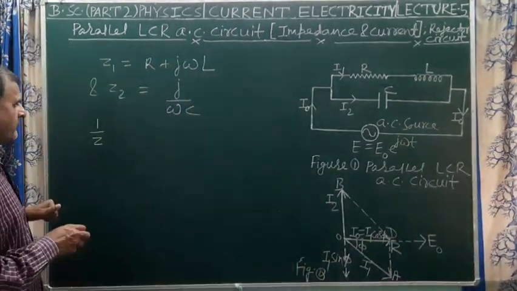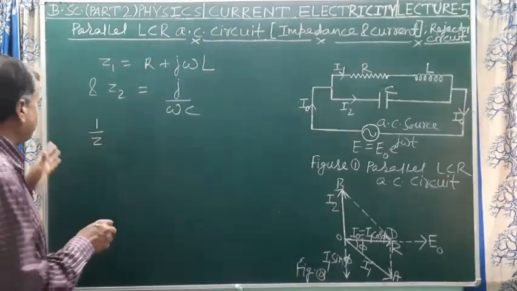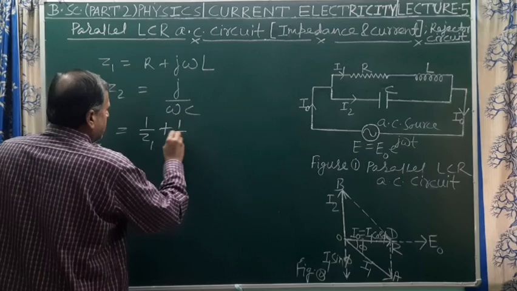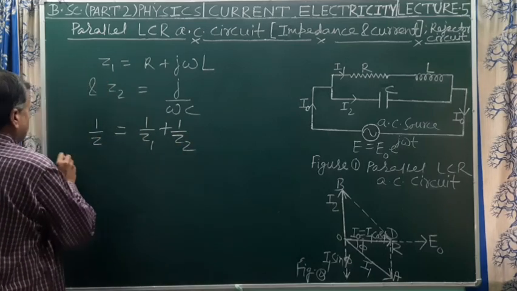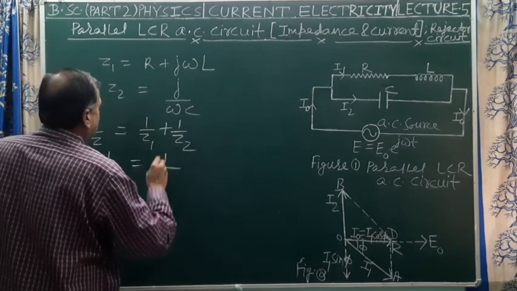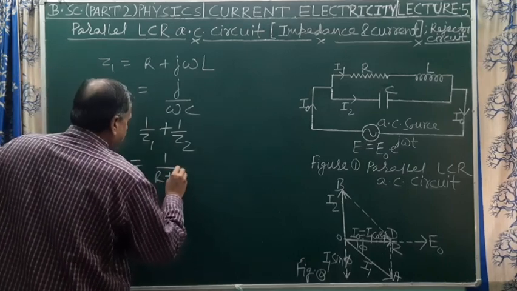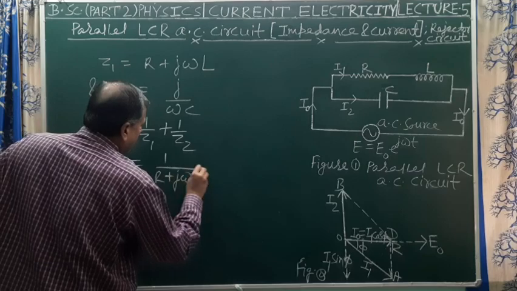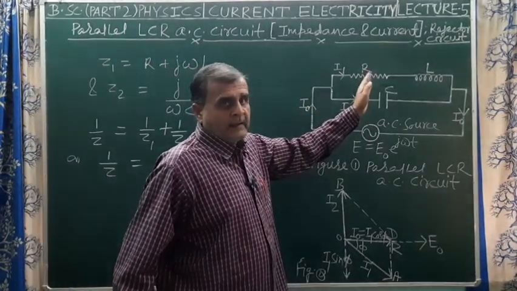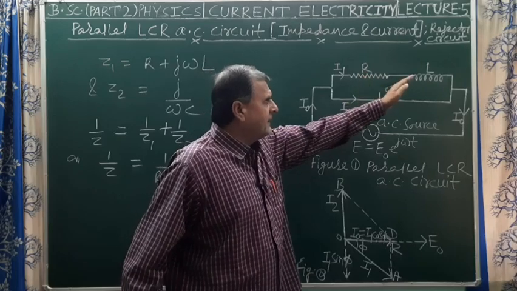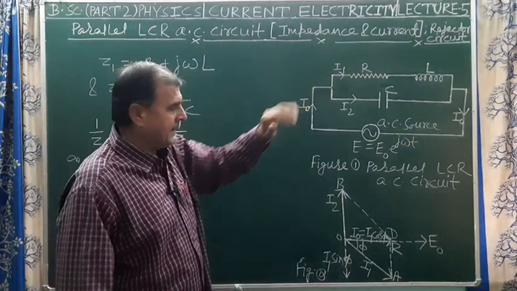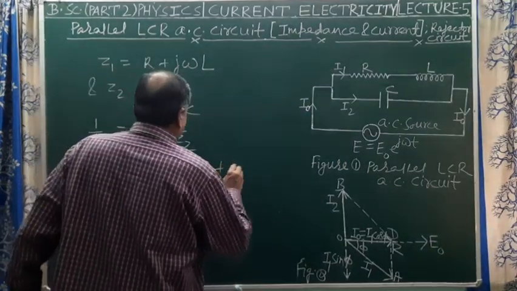So using the formula for parallel connection of resistors, we have 1 by Z equals 1 by Z1 plus 1 by Z2, and we have 1 by Z equals 1 by (R plus j omega L), that is the total impedance of the inductor branch, in which a resistor of resistance capital R and an inductor of inductance capital L are connected in series, plus 1 by Z2.